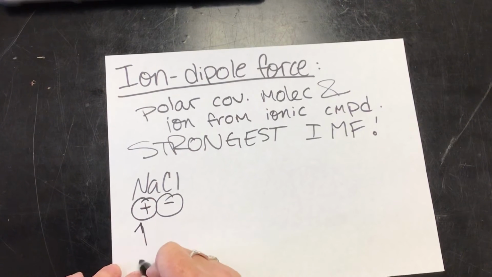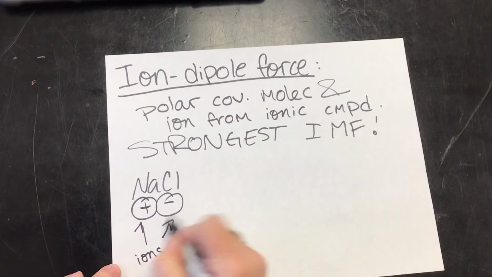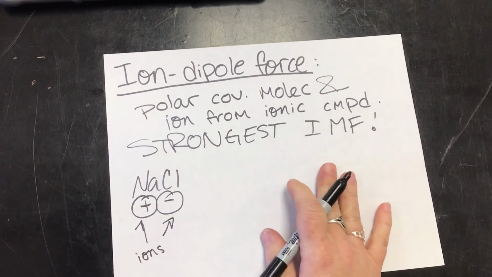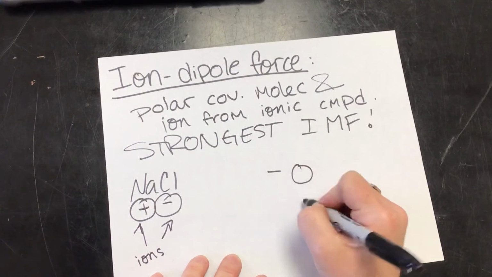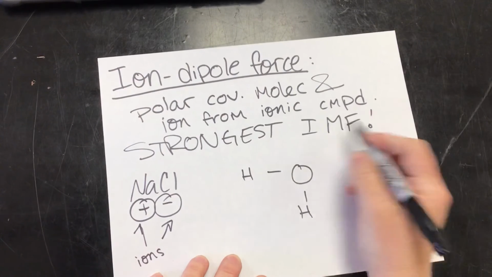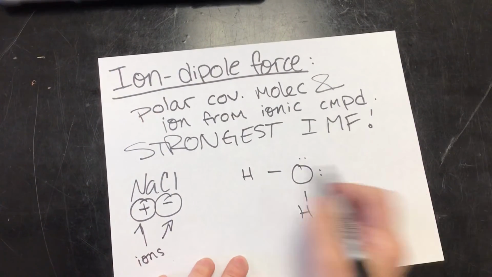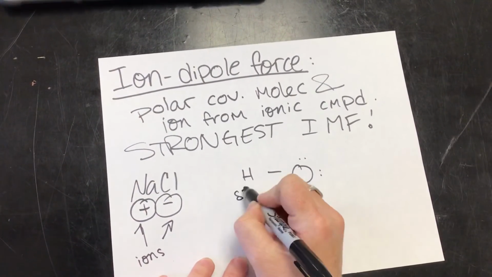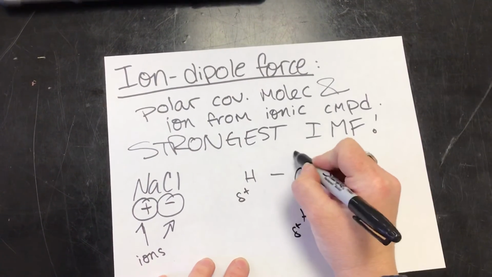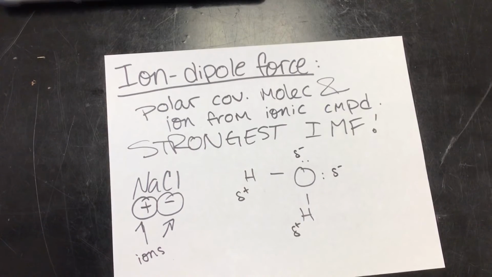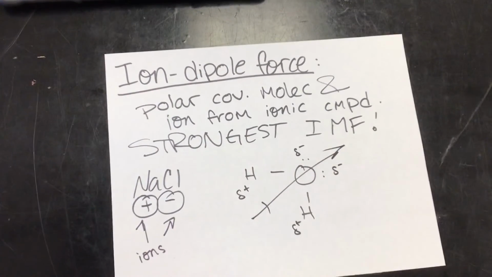Each of these are ions. Now when you introduce it to water, you have a dipole, where your hydrogens are partially positive and your oxygen sides are partially negative. So everything wants to go that way.